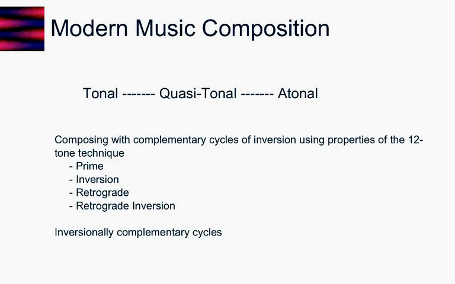And usually tension is created by moving from consonance, meaning pleasant sounding, stable music, to unstable music, dissonance. Dissonance usually implies some kind of tension, and it's usually in reference to the tonic.